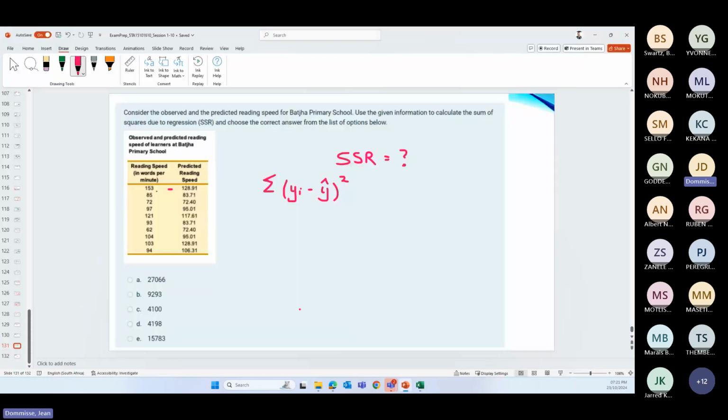Okay, so I worked it out incorrectly. So let me just check what am I missing in that formula. That is now interesting. What am I missing?